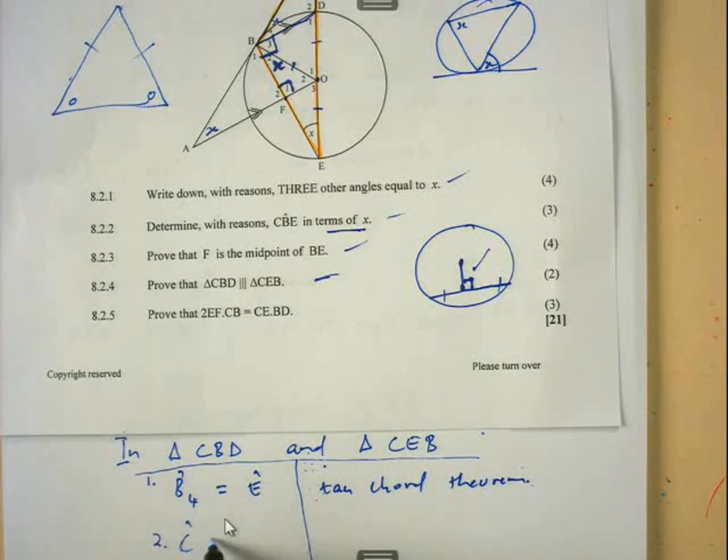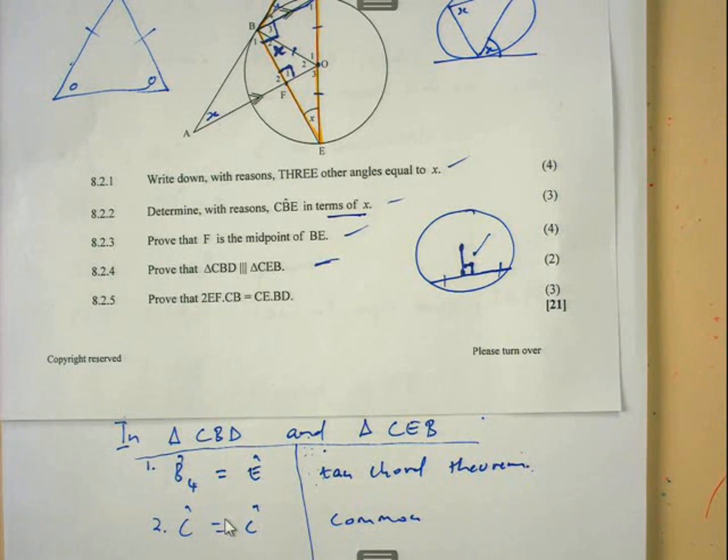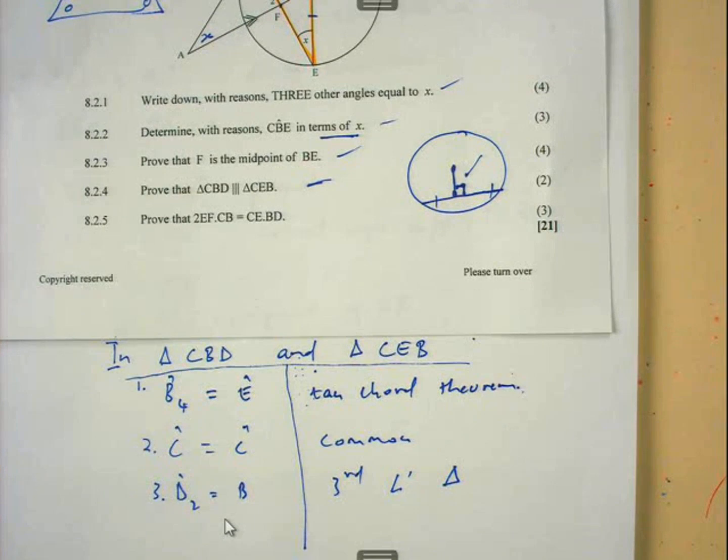Angle C is equal to angle C because it is a common angle in both triangles. And lastly, the third angle, angle D2, will be equal to angle B in the big triangle because that is the third angle of a triangle. They will be equal because the first two are equal.